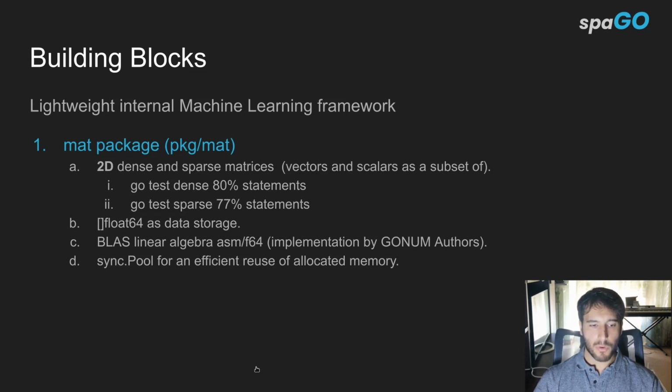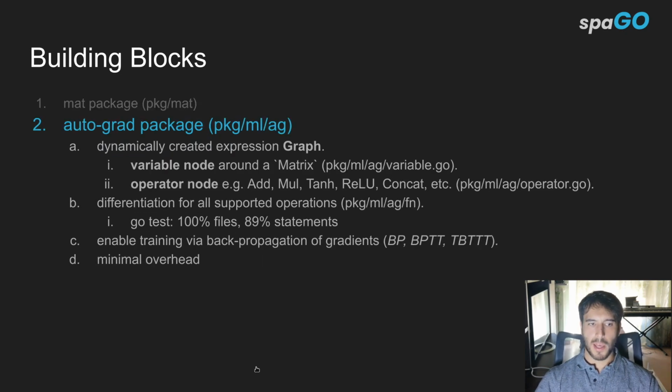At the end, really important, as the internal machine learning framework uses a lot of matrices, every time for computation we need a new matrix. We use a regressive buffer technique using a sync pool from the standard library for efficient reuse of pre-allocated memory. So we actually have a minimal overhead.